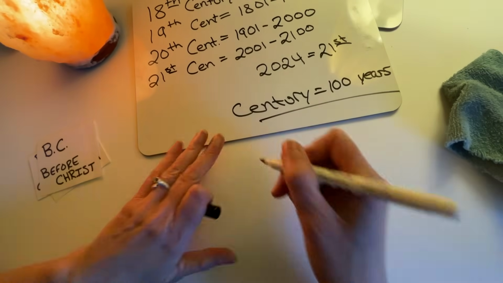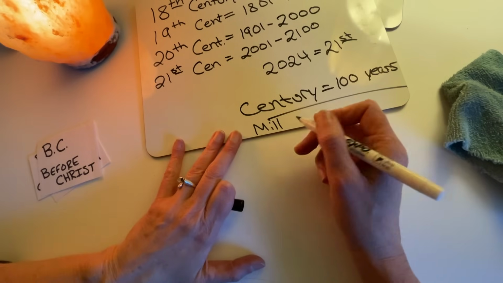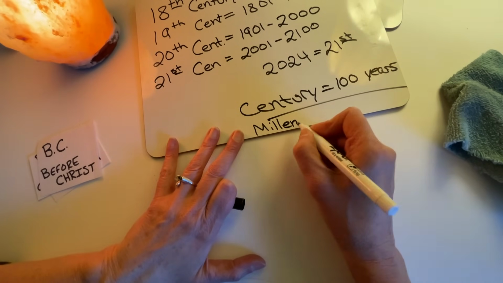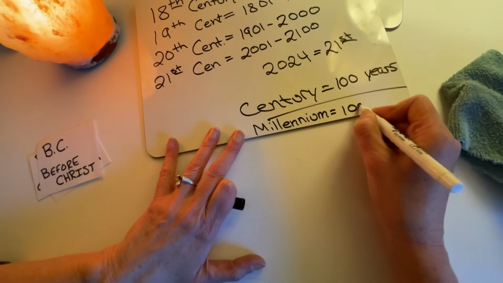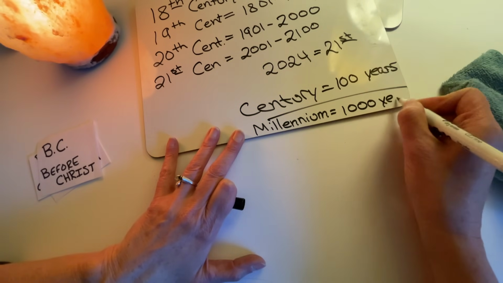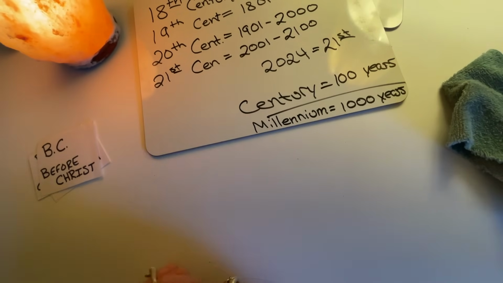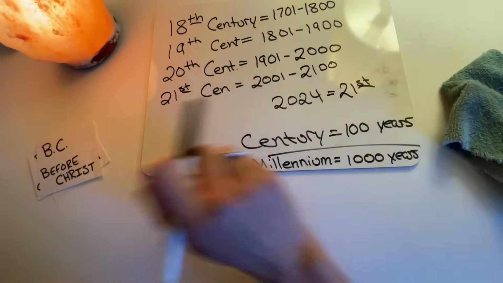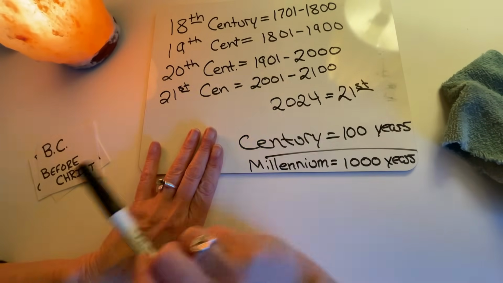And a millennium, although I'm sure you figured it out from what I said earlier, a millennium equals 1,000 years. So if somebody says the 20th century, they mean 1901 through 2000.